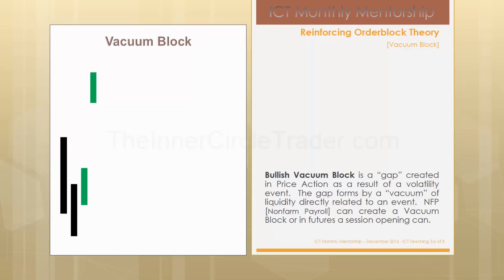But assuming that we have been in a downward correction in an upward market, or if we've been in a down market and we expect the market to give some kind of bullish news, or we're expecting the market to reach for liquidity above where we're currently trading, and the news event releases and we get this gap up.